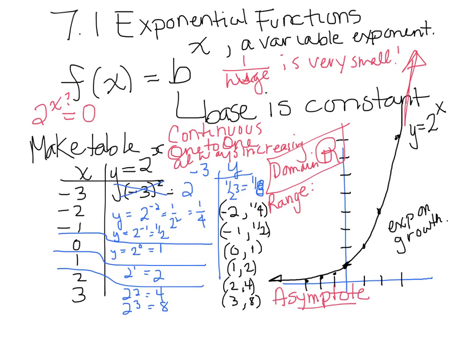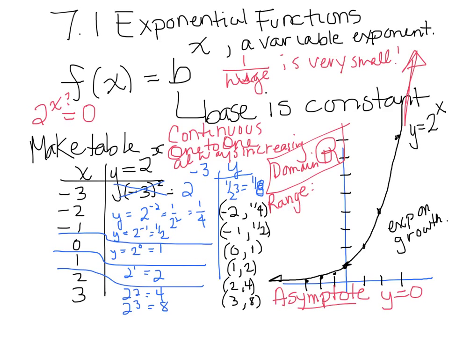The asymptote is a line that the graph approaches without ever touching or crossing. It approaches that line without ever getting to it. So it's approaching y equals 0, or you could say the asymptote is the x-axis. All right, so that's the asymptote. So that's going to help us with our range.